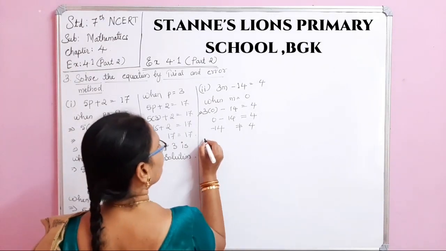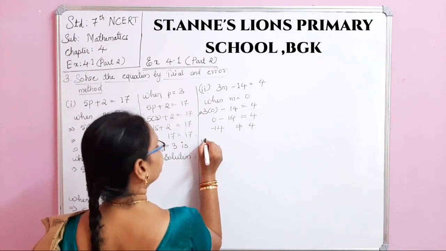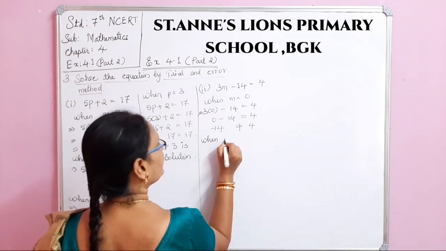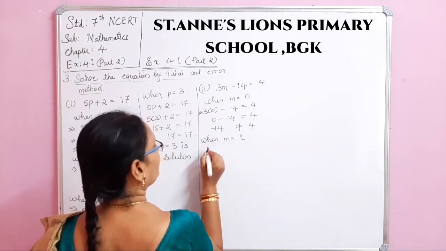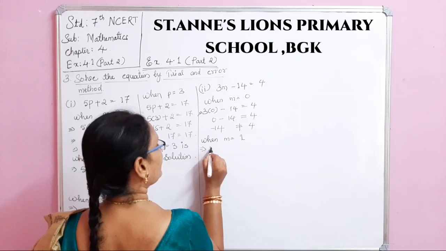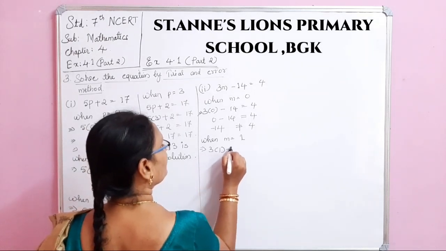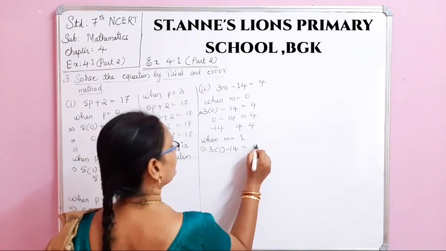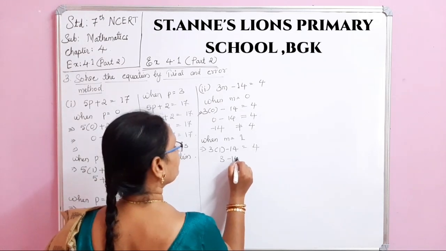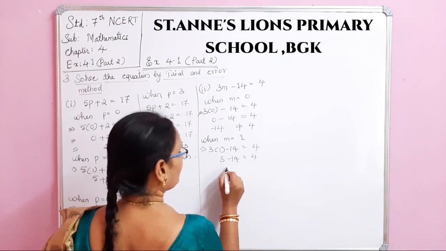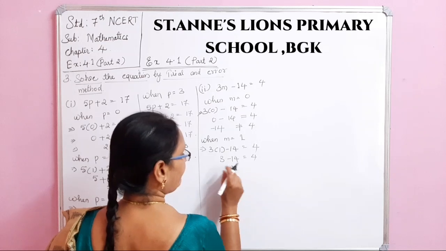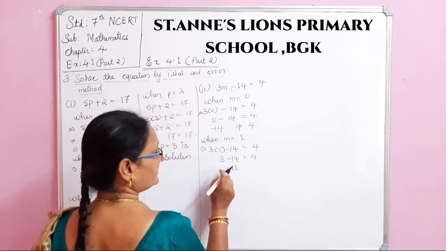Then what it may be when m equal to 1? Then this implies that 3 into bracket 1 minus 14 is equal to 4. 3 minus 14, minus 11. 3 minus 14, the bigger number's sign will come.